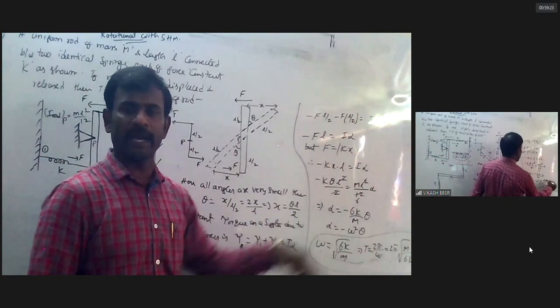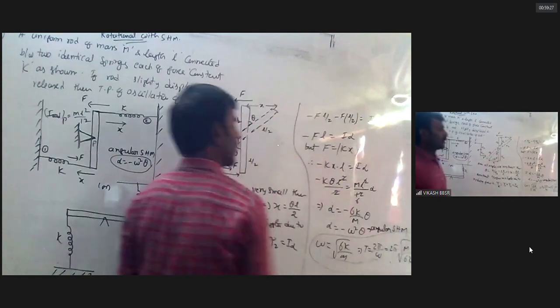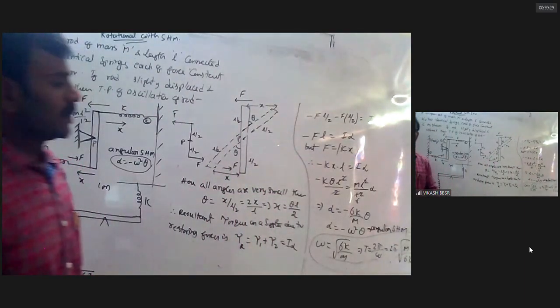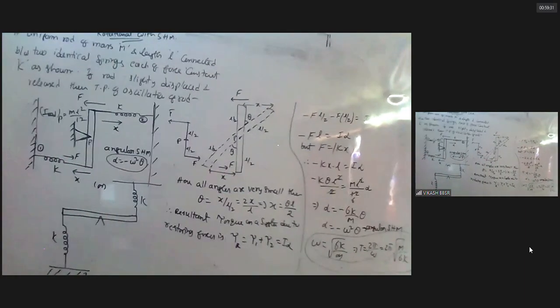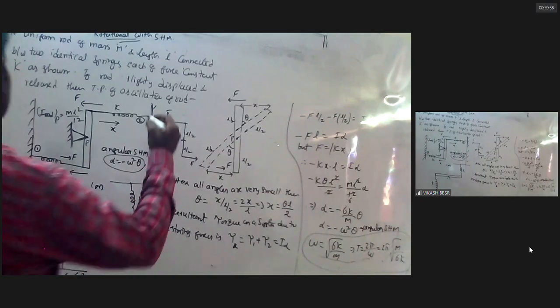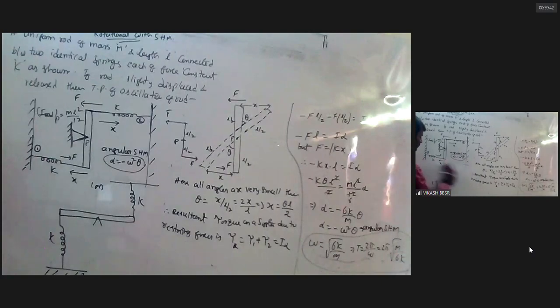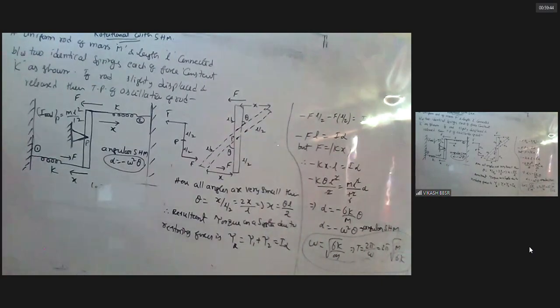It should be angular SHM. Now omega equal to root of 6k by m. Options are written here.